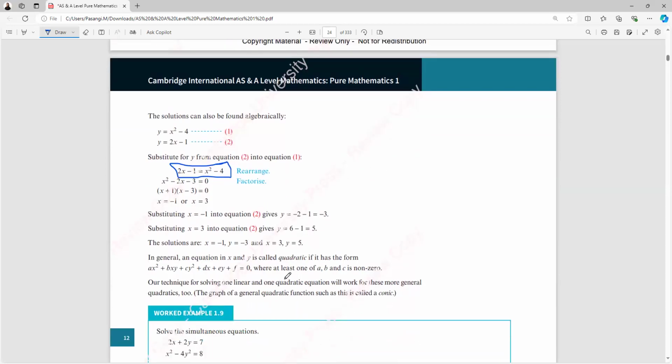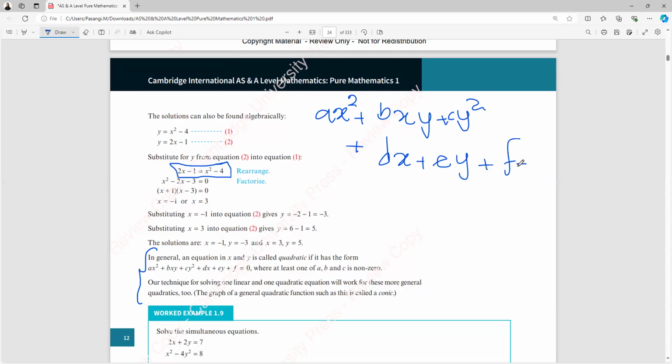Okay, what are the new things here? This part is important. This is a new addition. Let's assume we have an equation like this: Ax squared plus bxy plus cy squared plus dx plus ey plus f is equal to 0.